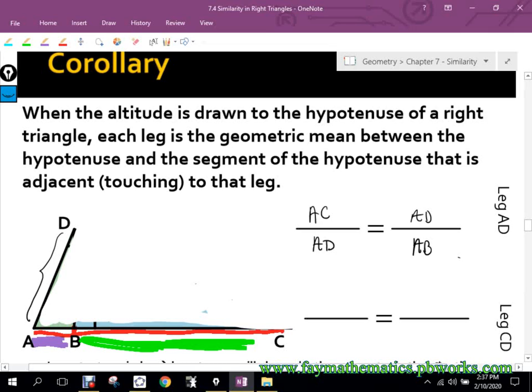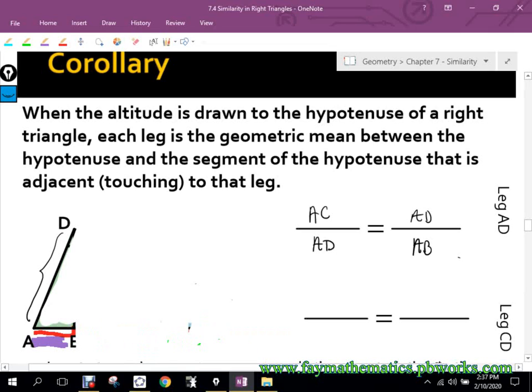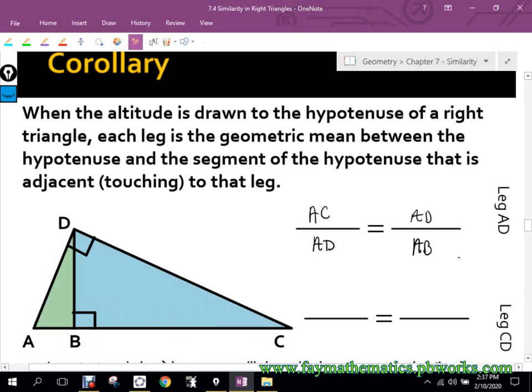Now here's my hypotenuse. Would you agree that that portion of the hypotenuse B to C is not touching AD? That makes sense to everybody? But if we do this, that portion of the hypotenuse A to B is touching AD. Does that make sense? So I think maybe redrawing some things or resketching, highlighting, that kind of thing can help visualize that. So that's one relationship that we see by looking at that first leg.